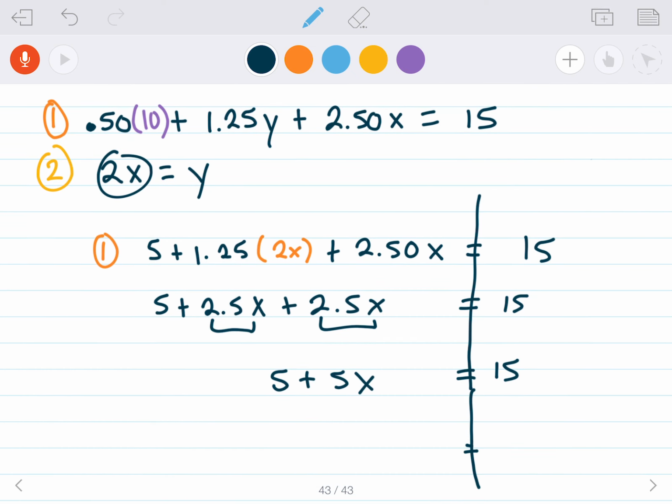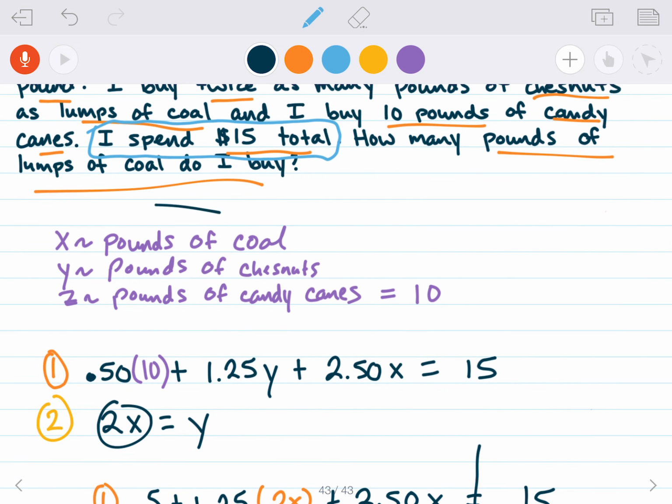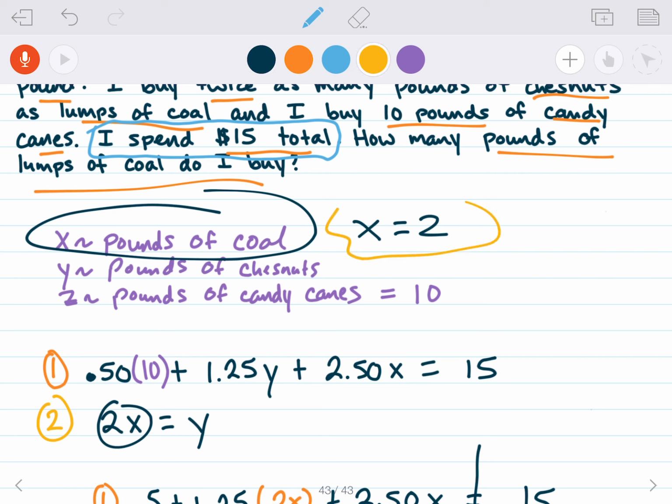And finally, I can subtract 5 from both sides to give me 5x equals 10 and divide both sides by 5 to give me x equals 2. So that's my answer because x was pounds of coal, so x is equal to 2. This is my answer. How many pounds of coal do I buy?